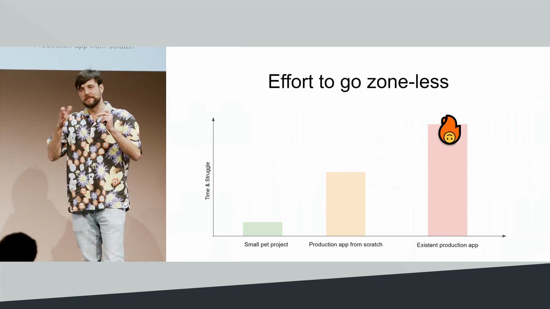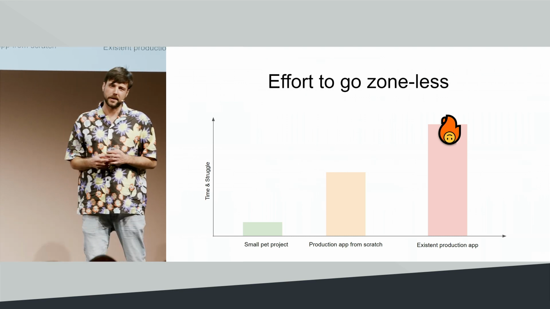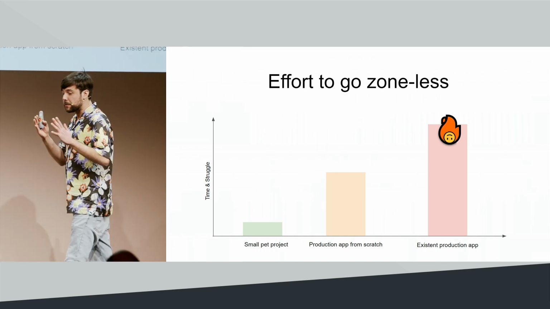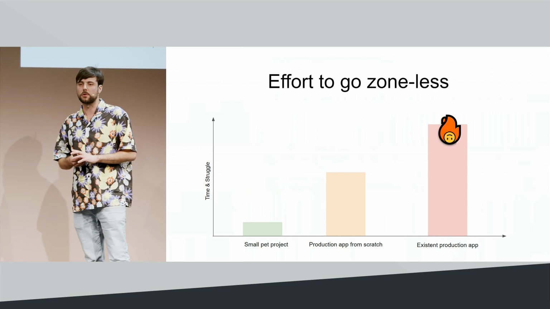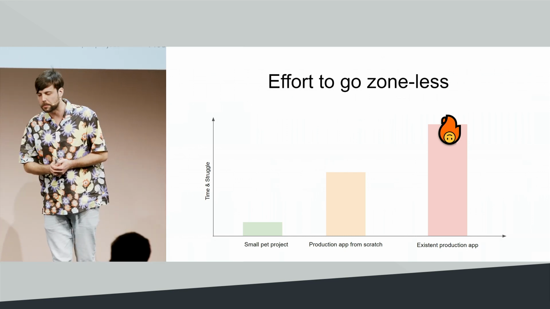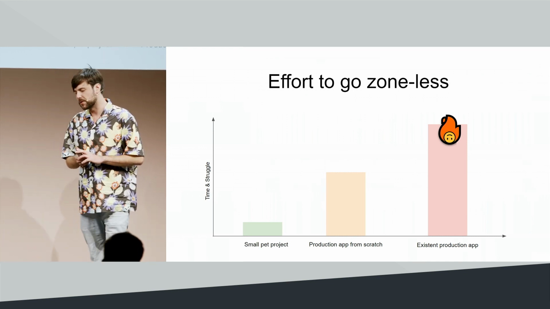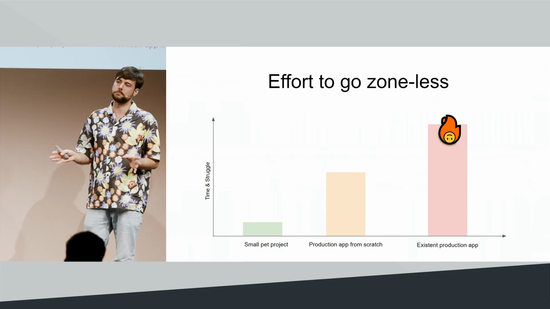If you start from the very beginning, if you have your scope small, if you exclude a lot of third-party libraries, you should not have problems going zoneless. If you have a production app and you code it from scratch, the effort is also okayish. You will have to take care of some third-party scripts, of some rendering problems. You will also have to take care that change detection is not always triggering, but it is doable.